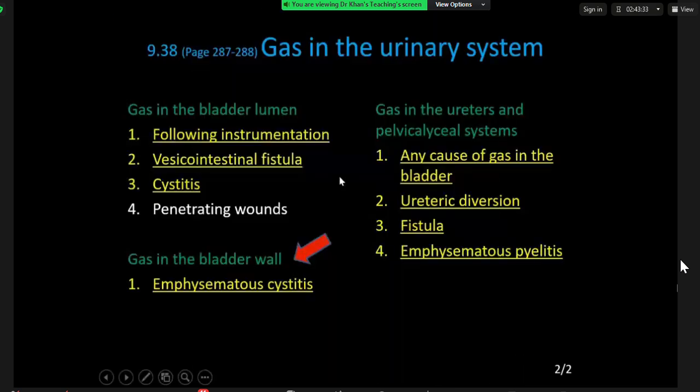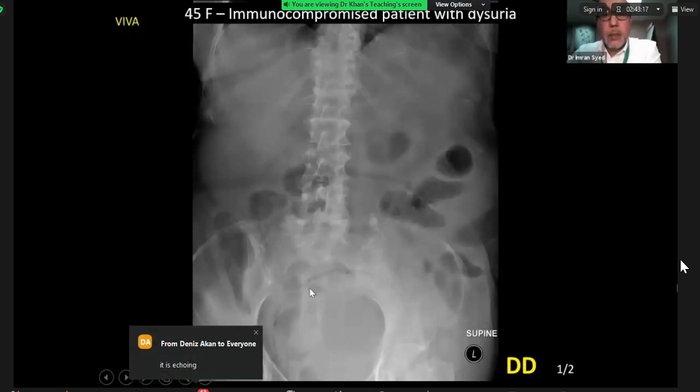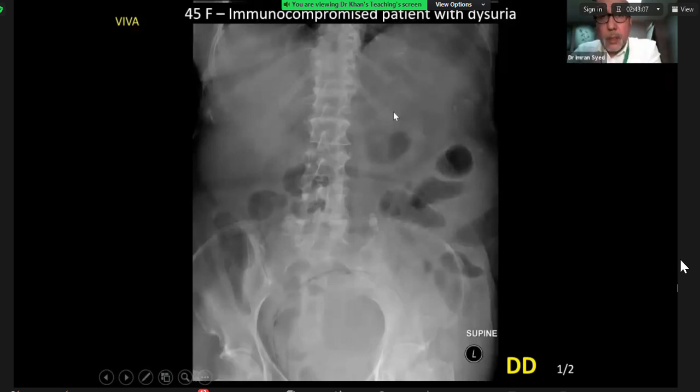Okay. So, as you've said, there is a curvilinear area of gas demonstrated, which is outlining the bladder, as can be seen within the pelvis. The bladder is clearly distended, and once you have seen gas within the bladder, you should always look upstream to the collecting systems to ensure that there is no gas tracking up into the upper tracts, and in this case there isn't.